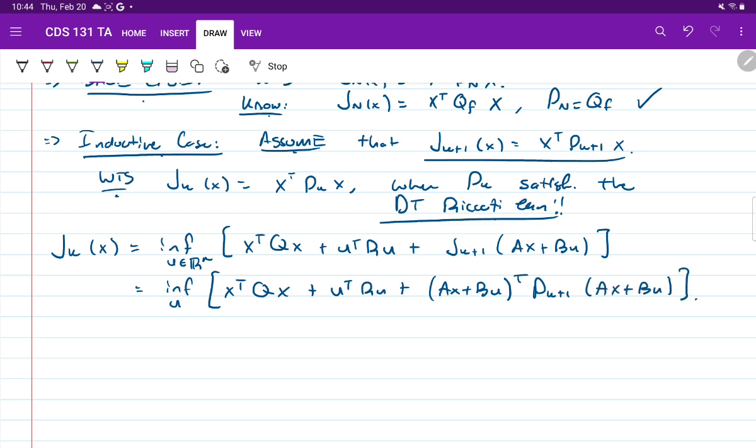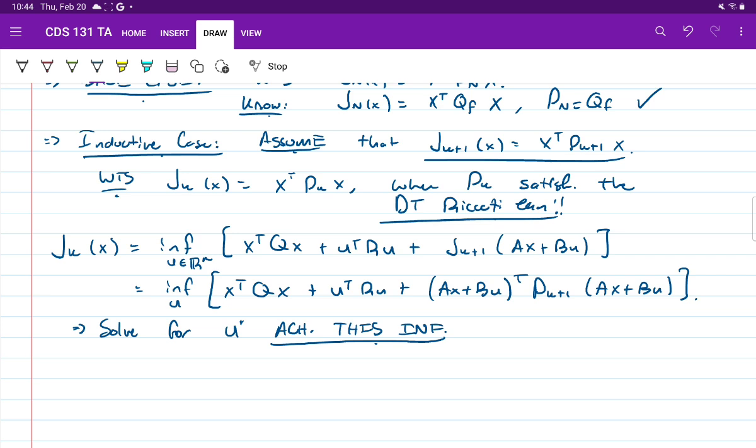My next step is to solve for u star achieving this infimum. Because once again, since I'm assuming for induction that P_{k+1} was positive semi-definite, this optimization problem is nice and easy to solve. It's a convex problem, which means I can just differentiate in u and work my way out to a solution from there.